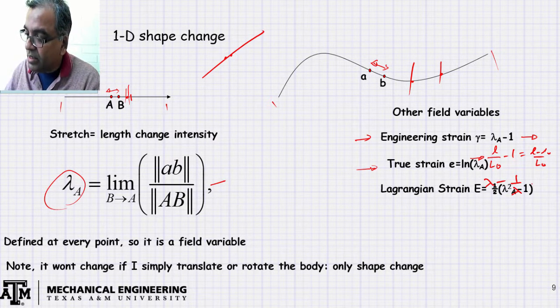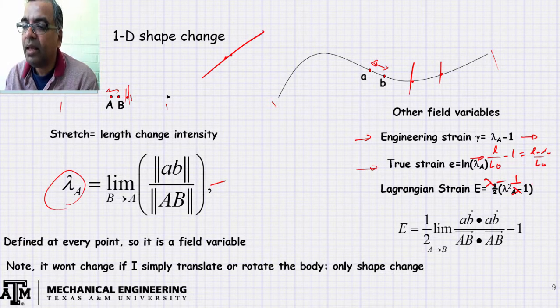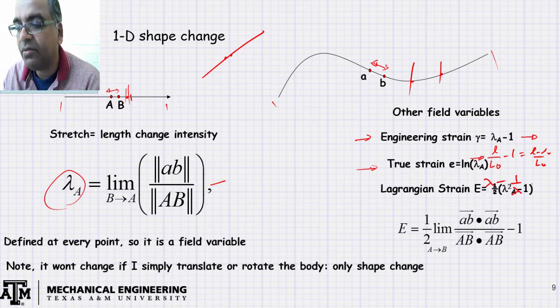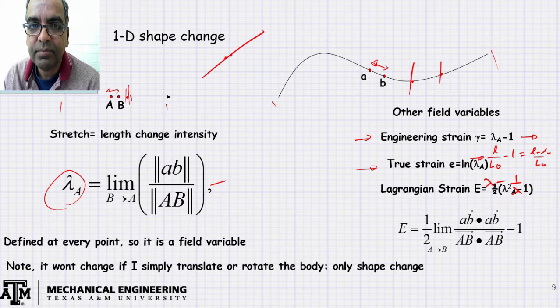So what we can do is this. I take the vector AB, dot it with itself, that will give the square of its length, divided by the vector capital AB, dot it with itself, and that will give me reference length squared. And then you can see this half is just convenient so that things work out when I take limits. Okay, so the reason for introducing Lagrangian strain has to do with mathematical convenience, being able to do algebra.